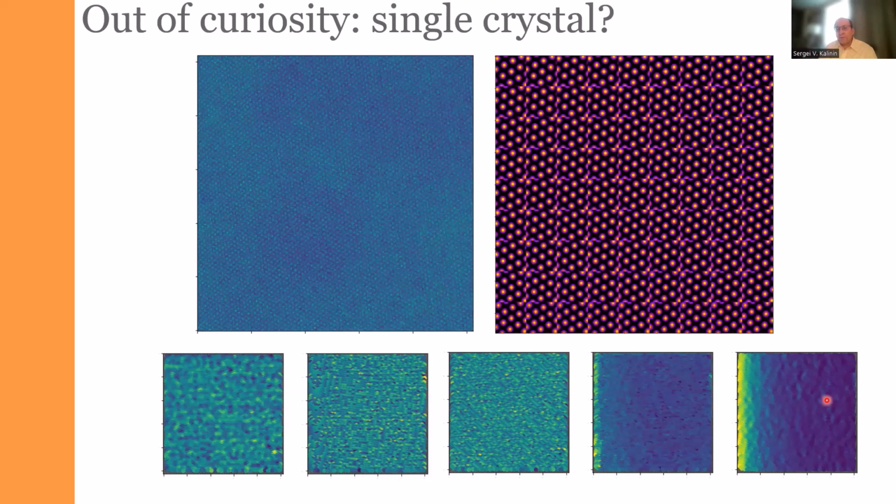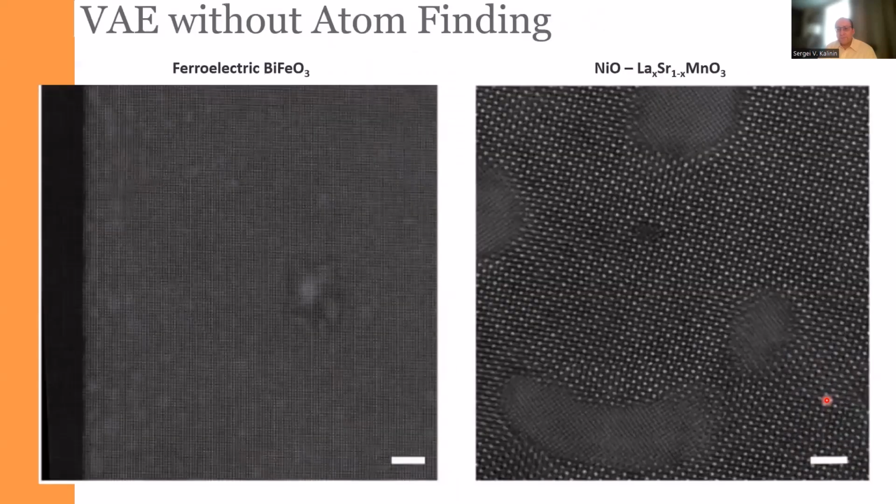So it turns out that if we look at a single crystal, which doesn't have any factors of variability, we start to detect the non-ideality of the scanning process. Of course, if it had other factors of variability, sometimes the VAE would be able to separate them, sometimes it will not. But the interesting thing is that it allows us to correct for the image non-ideality.